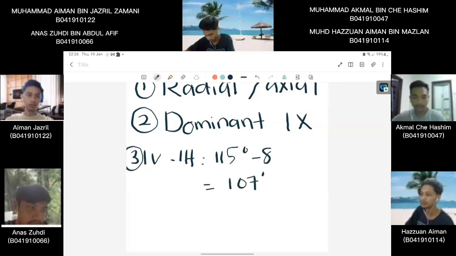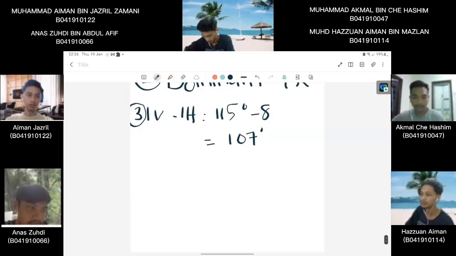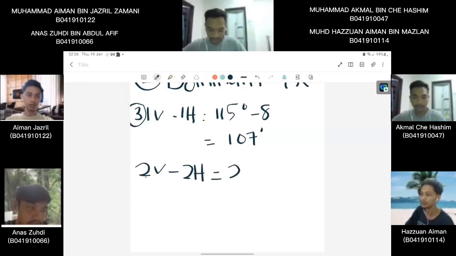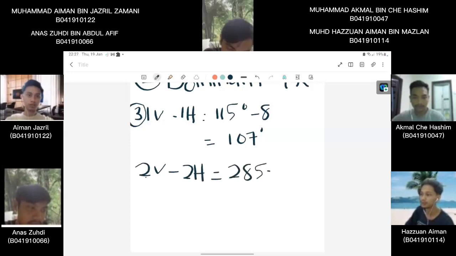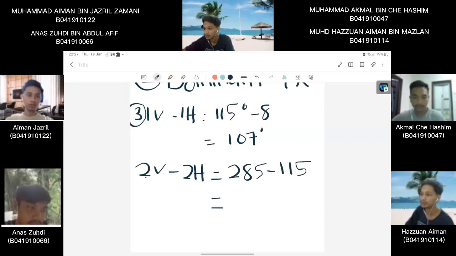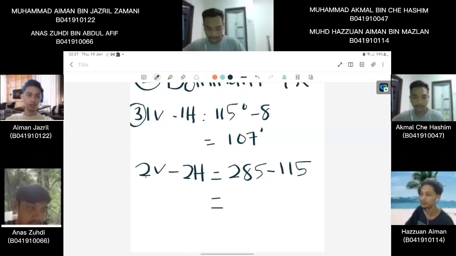And then for position 2, 2v minus 2h is 285 minus 190, so we get 95 degrees.